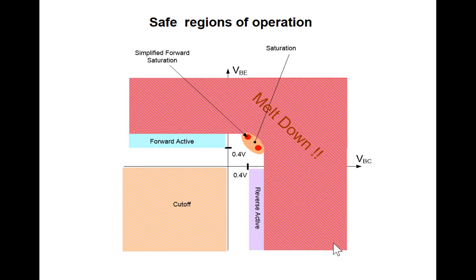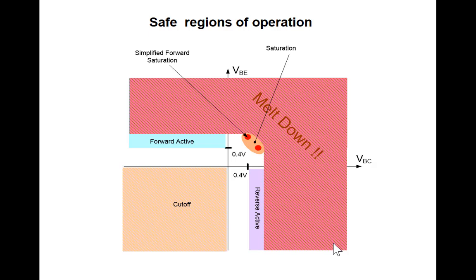Well, we just assumed that the base emitter voltage is about 0.7 volts, and the collector emitter voltage was about 0.2 volts. So we just modeled it, and if the collector emitter voltage is 0.2 volts, the base collector voltage is about 0.5 volts. So we just model it as a point in this region here.